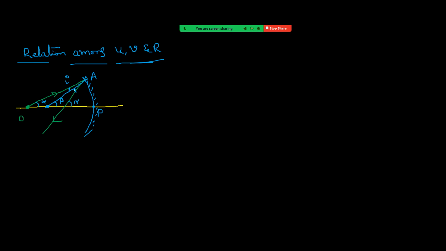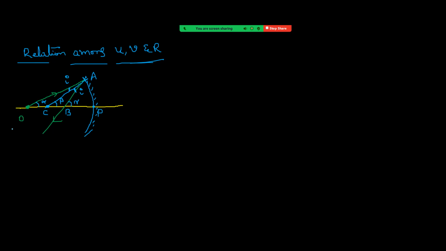The angle of reflection is also the same, because I equals R. Let us see carefully. This is A, this is B, and this is C. C stands for the center of curvature.